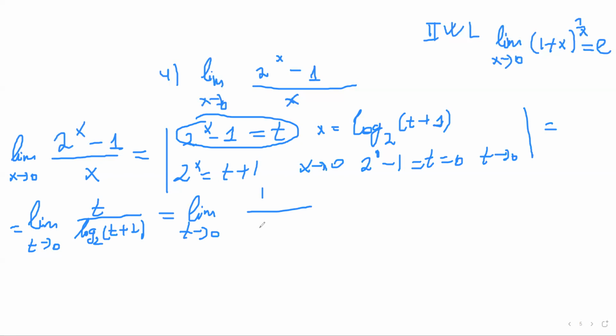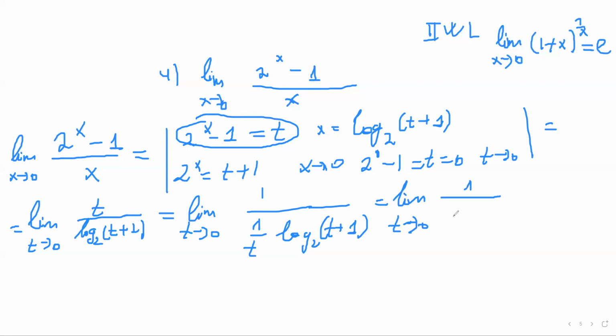With some basic algebra, we can write it as 1 out of logarithm base 2 of (1 plus t) to the power 1 out of t.